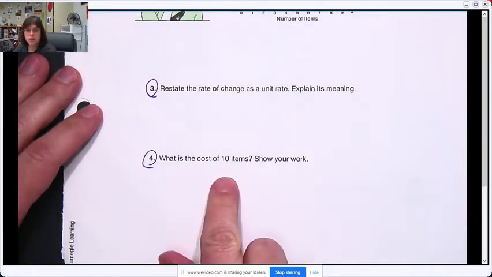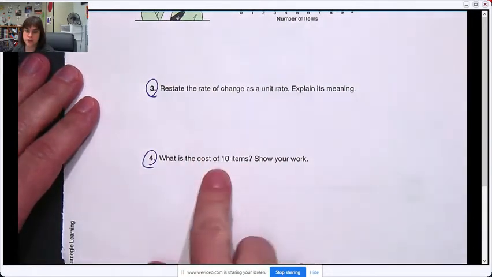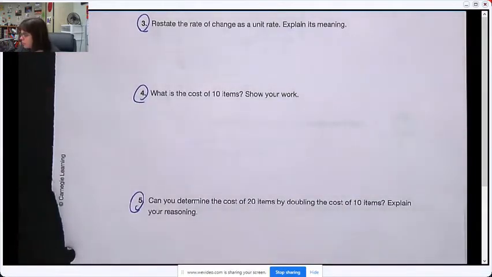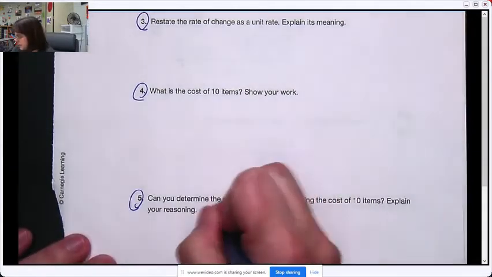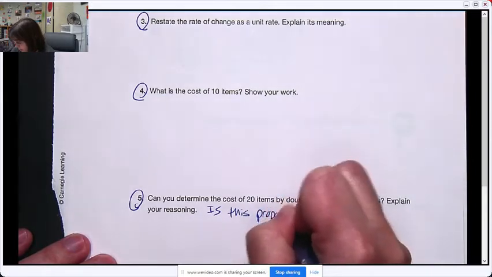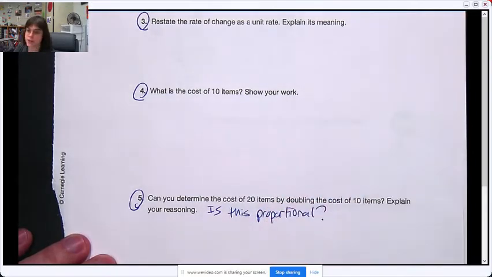Number 4, can you use what you know about the rate of change or unit rate to find the cost of 10 items? Number 5, can you determine the cost of 20 items by doubling the cost of 10? So in other words, is this proportional? Is this graph proportional, yes or no?